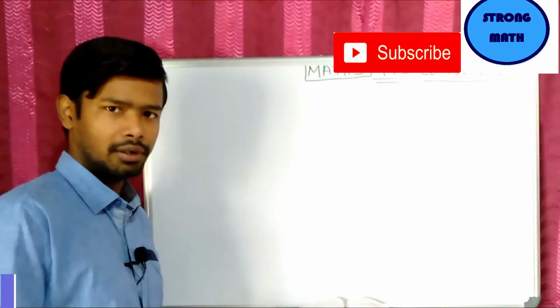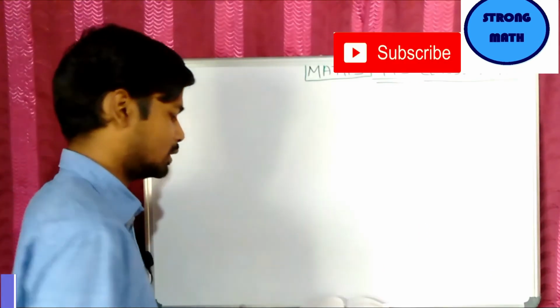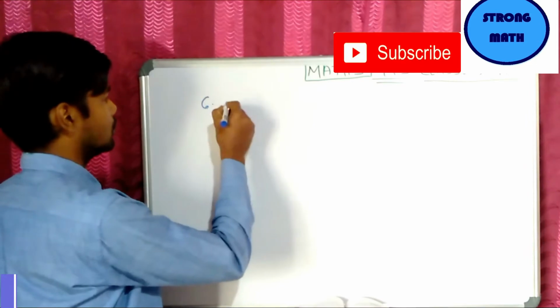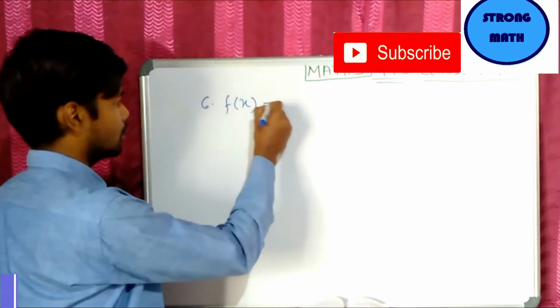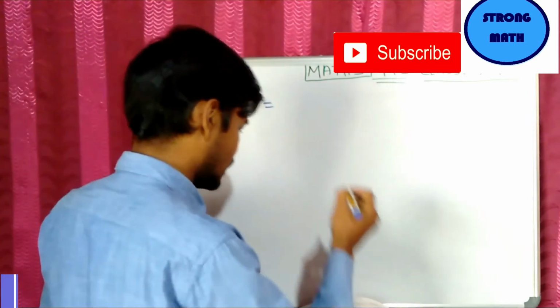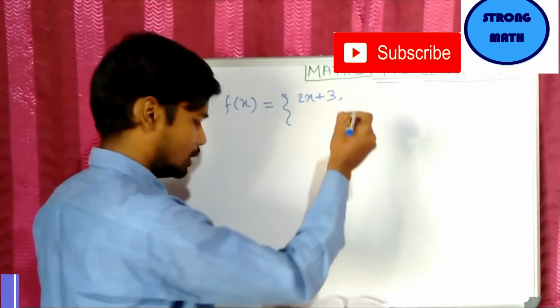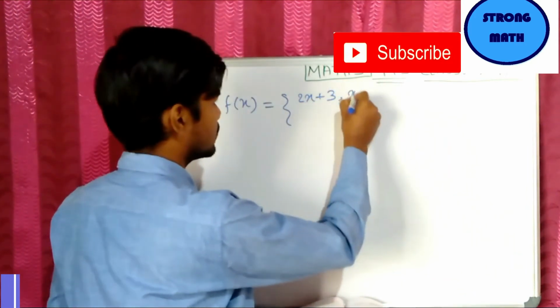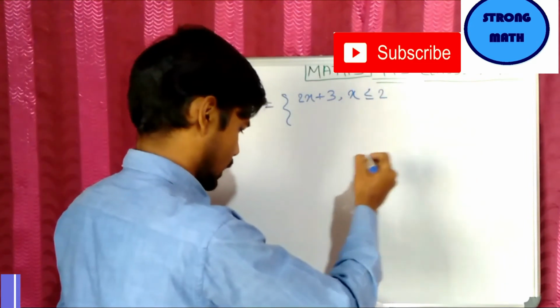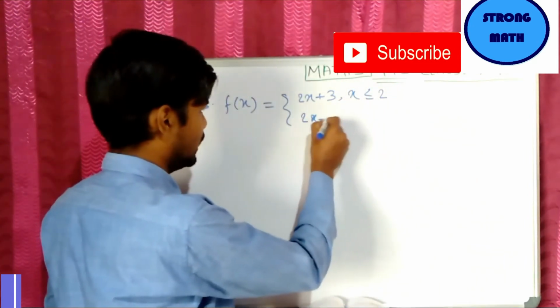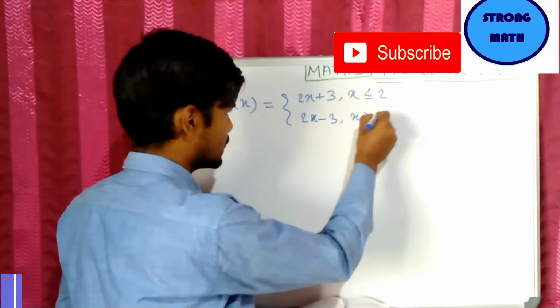We'll start from question number 6. f(x) is given as f(x) equals 2x plus 3 if x is less than or equal to 2, and f(x) equals 2x minus 3 if x is greater than 2.